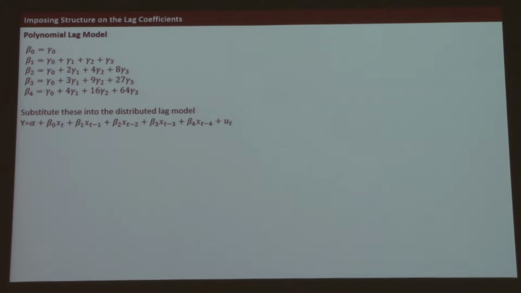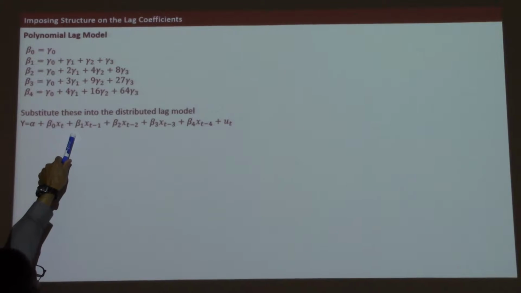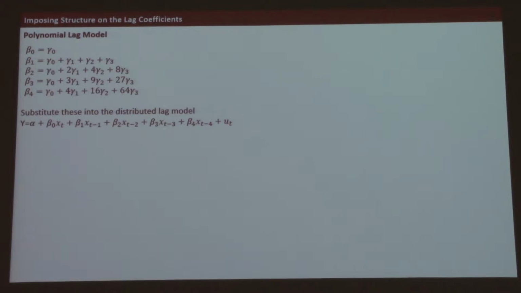I need my laser. We're going to substitute these things back into our betas here. So beta 0 is going to be gamma 0, and beta 1 is going to be that entire thing.